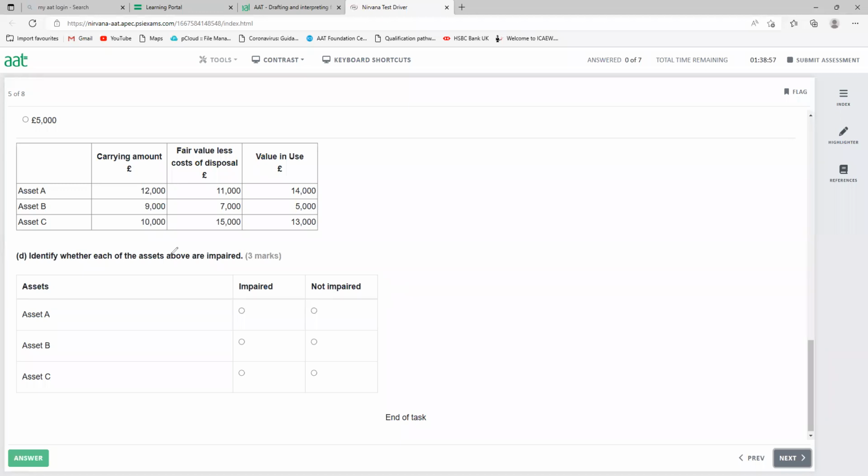The next question we have is from impairment. That's quite an interesting question and quite easy if you understand it. So impairment is basically the difference between the carrying value and the recoverable amount. Now, what is carrying amount or carrying value? Carrying value means cost minus accumulated depreciation.